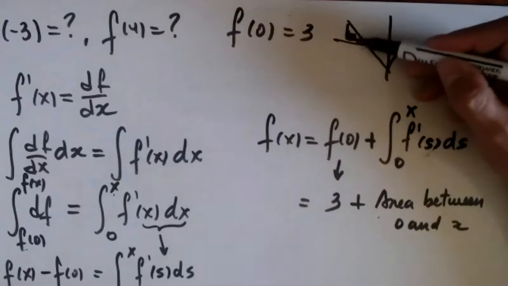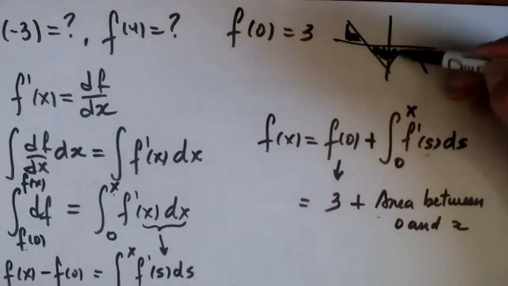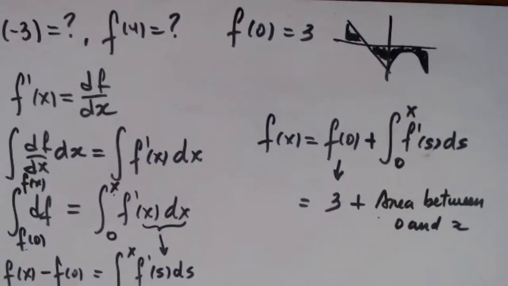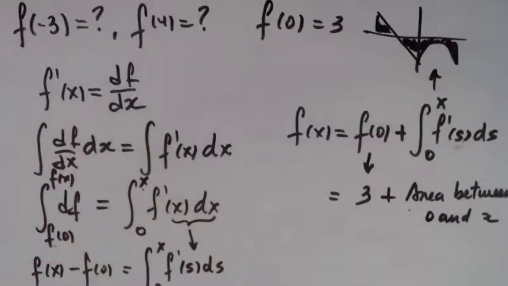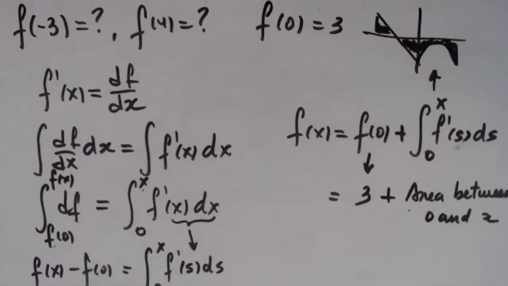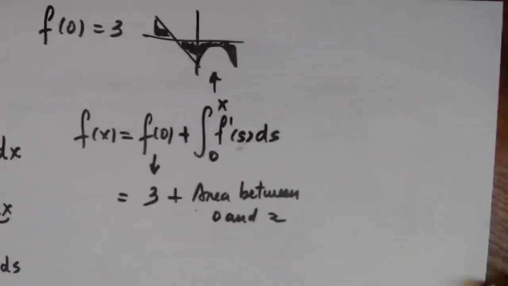So I have to check this area, this area, this area, and this area, the portion right here. So that's the value I have to use, correct? So everybody understands this portion? So let me just go back here. Let me just move the board a little bit to the right.